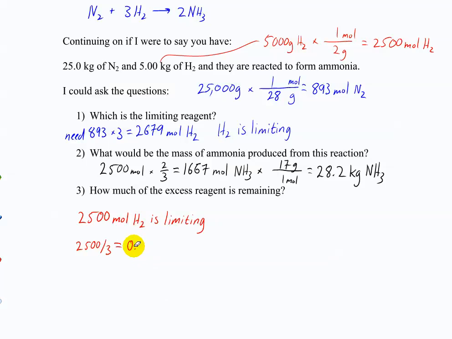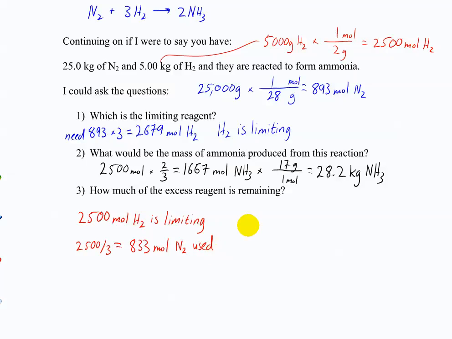Which is, whoops, not 0 point. About 800 something, right? Yeah. So that means that 833 moles of nitrogen were used, because that's how much reacts with the 2500 moles of hydrogen.